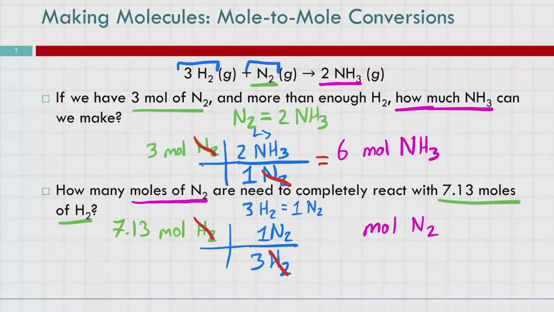Our H2s cancel, and we'll have 7.13 moles N2 divided by 3. So whatever that number is, 2.38 after rounding, moles N2.